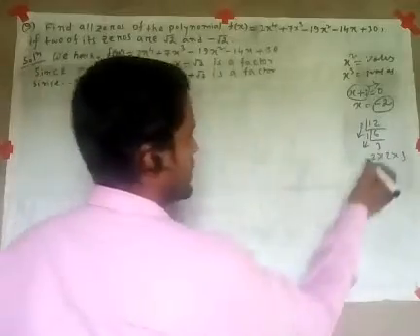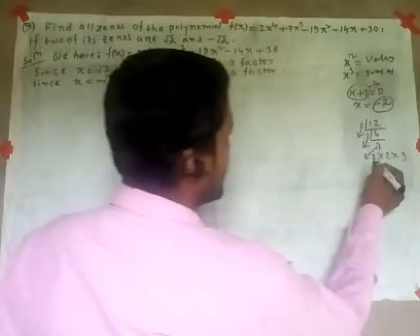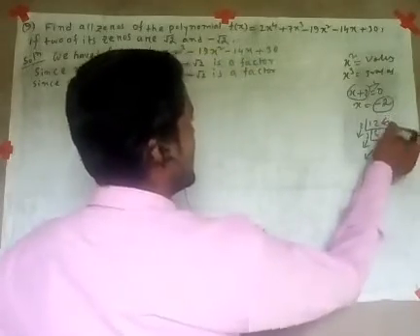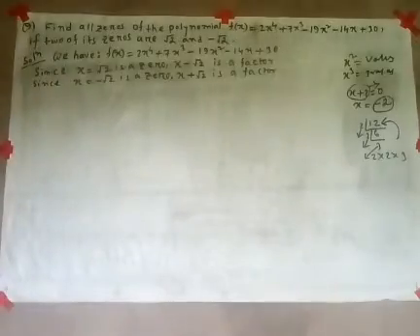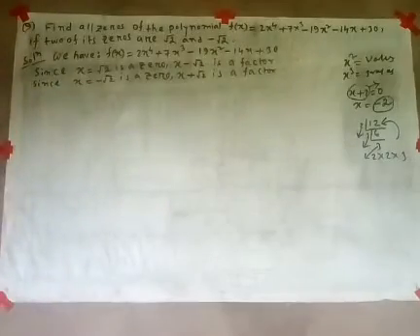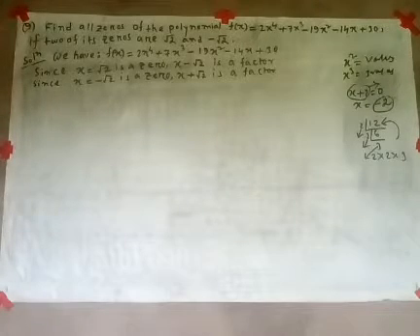Separately 2 is a factor, 3 is also a factor. But after multiplication, 2 into 2 into 3, you will get the main term. So if you multiply the factors, the result will also be a factor.